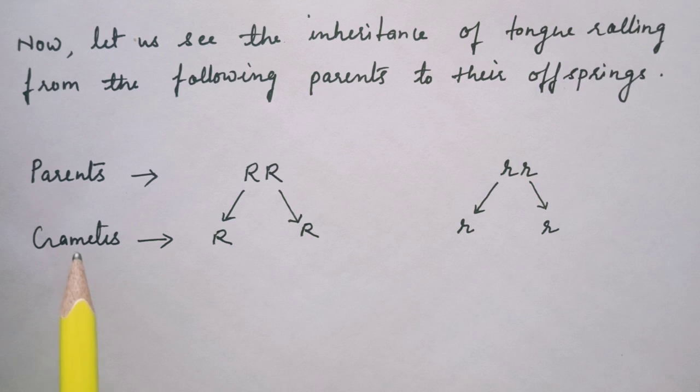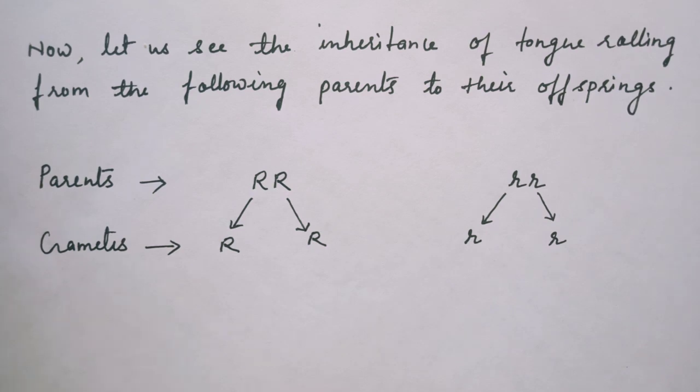In the second line, we write about the gametes produced by these parents. We already know, students, that during gamete formation, only half the chromosomes of the parents, that is, only one haploid set of chromosomes, goes to the gametes produced by them. So in this situation, one of the genes represented by this particular letter R present on one chromosome goes to one of the gametes and the other R goes to another gamete.